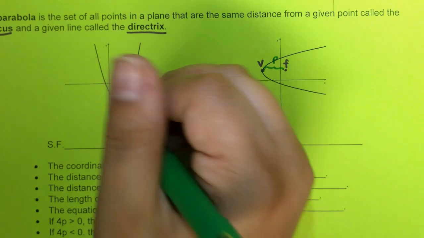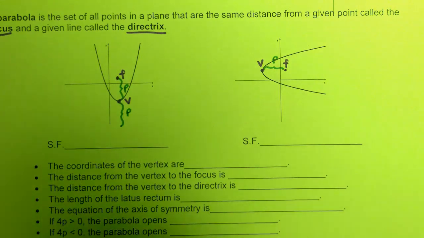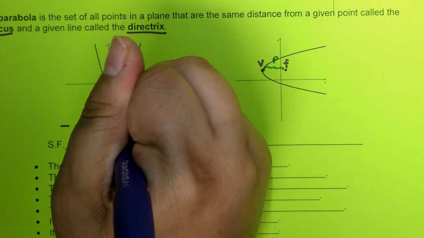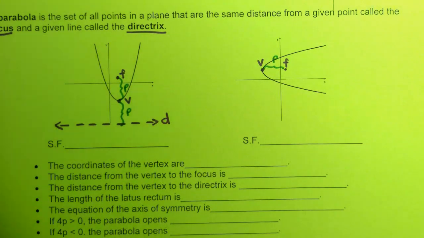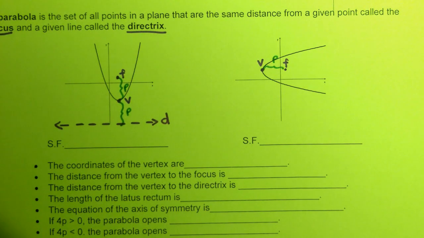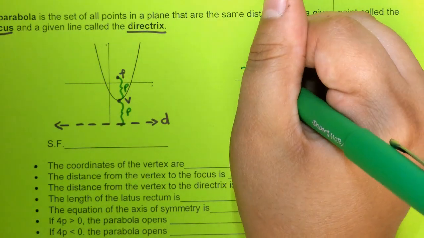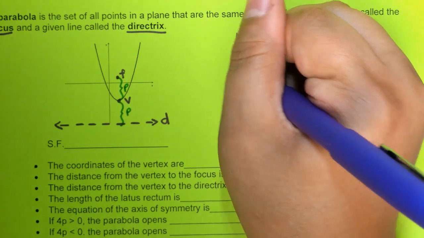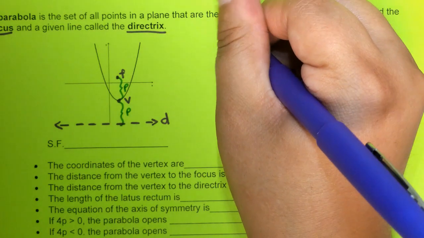Your directrix is always outside of the parabola, and it is also P distance away. And we label the directrix D. It's a dashed line with arrows labeled D. So the directrix is always the same distance away from the vertex as the focus.